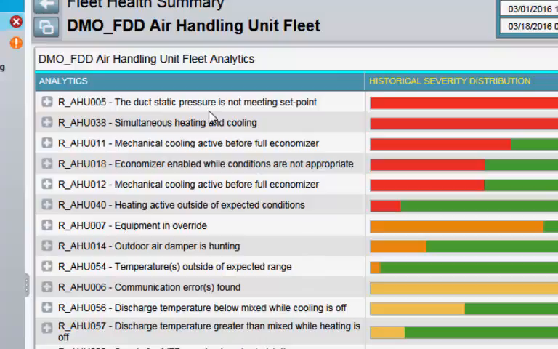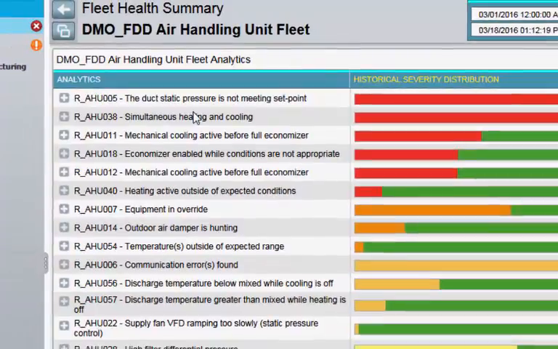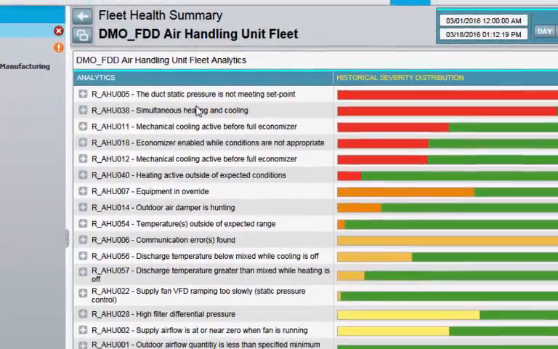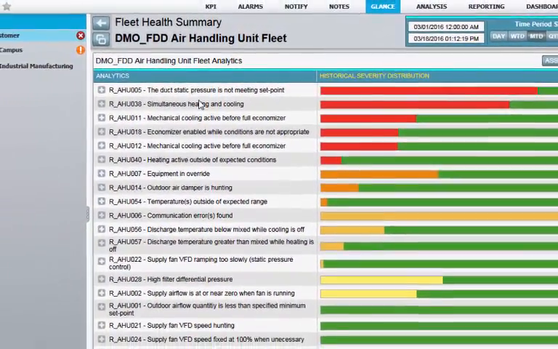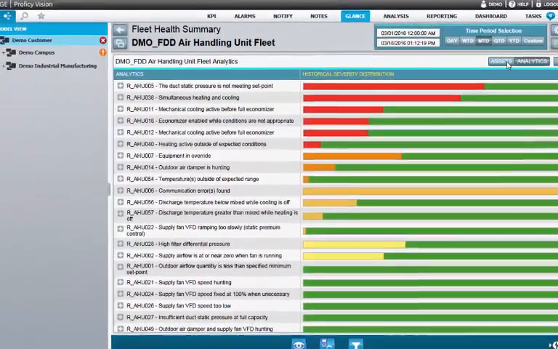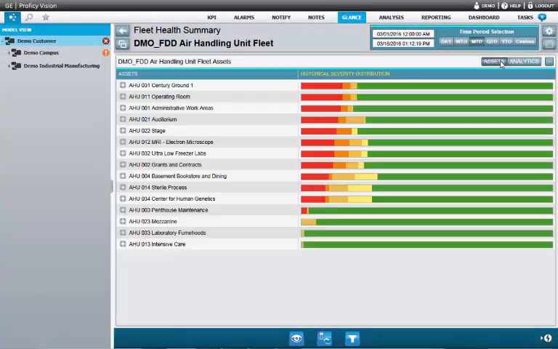So you can see some of the types of issues that the analytics are detecting. In this case, static pressure not meeting set point, simultaneous heating and cooling, economizer checks, demand-controlled ventilation, scheduling, resets. All of these subsystems, subcomponents, and key sequences are things that FacilityConneX is actively looking for using the analytics that come built into the product right out of the box.